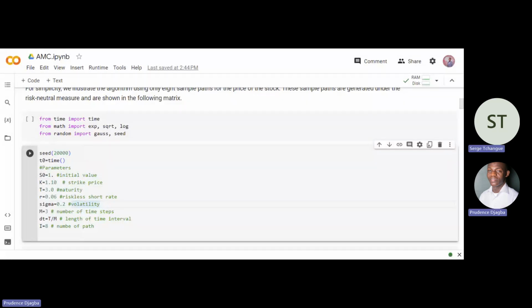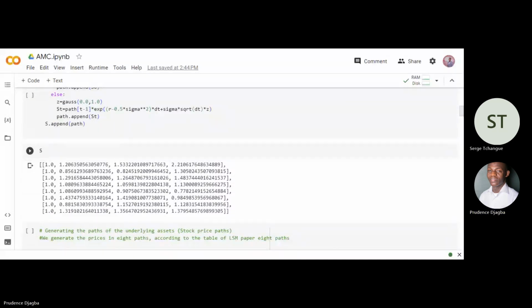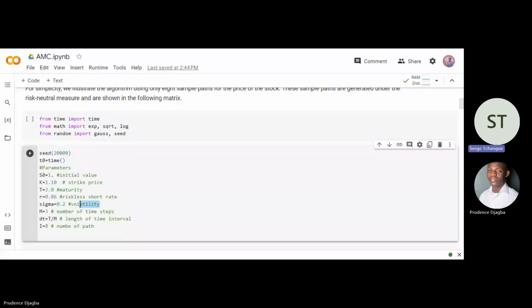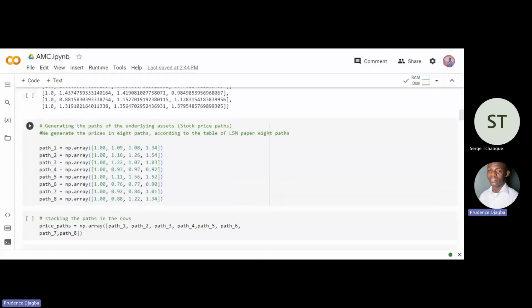So I set the initial value and the volatility myself, and when I do the simulation, it gives me this. It's close to what they gave in that paper, but it's not exactly the same. I think it's because of those two parameters that were not mentioned in the paper.